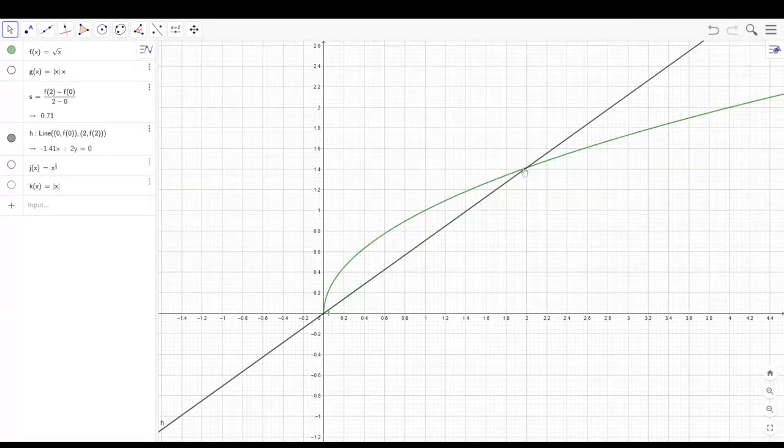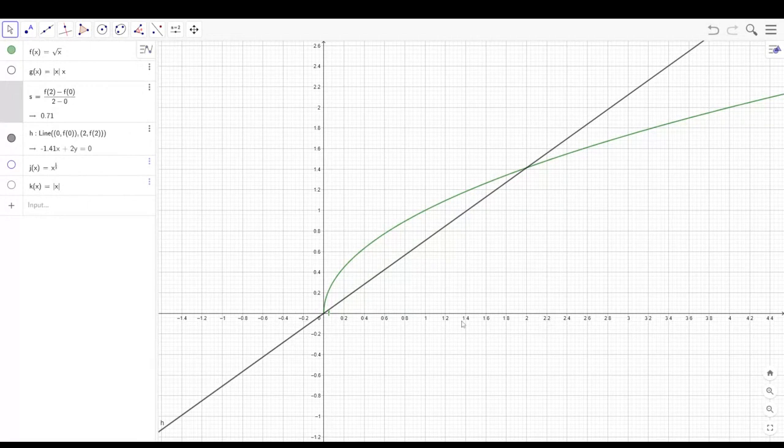So what the mean value theorem says is that there is some point between 0 and 2 where the slope of the graph is parallel to this black line. Let me say that again.